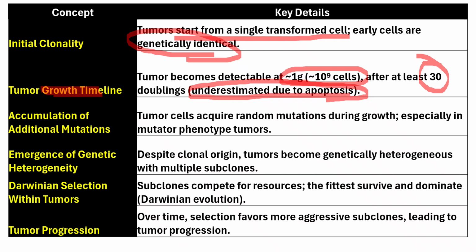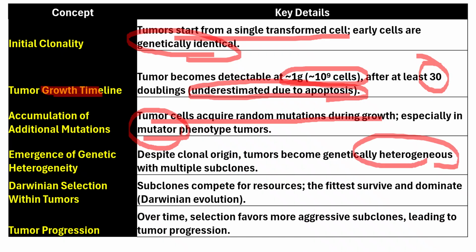Then there is accumulation of more random mutations during the growth, and the tumor attains a mutator phenotype. Then there is formation of a genetically heterogeneous tumor with multiple subclones.